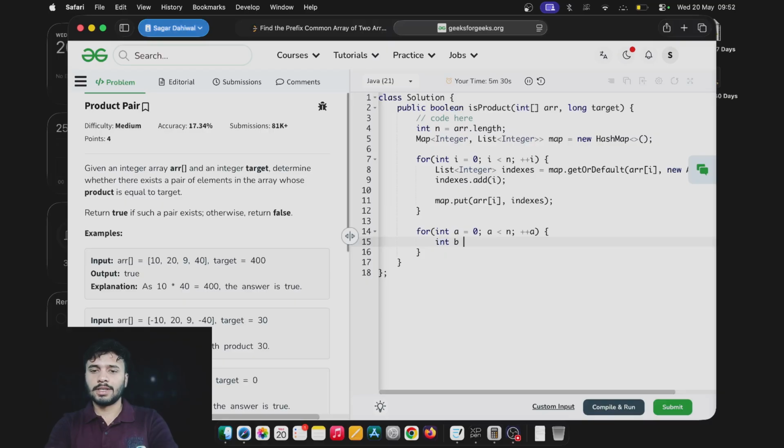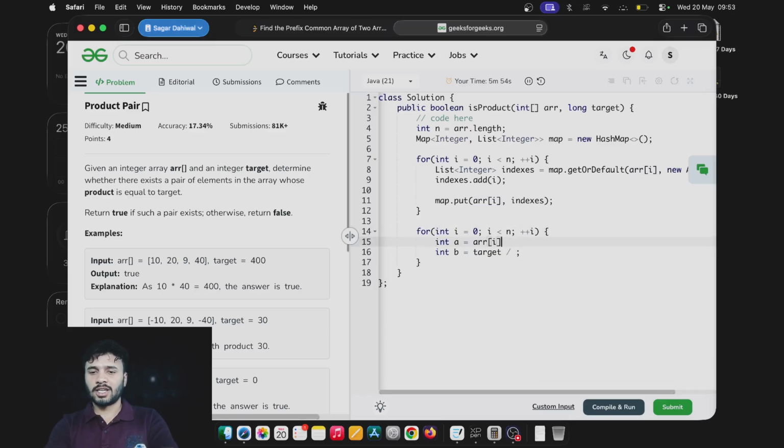So B is equal to target by A, array of A. Instead of A, I can put it like I. That seems good to me.